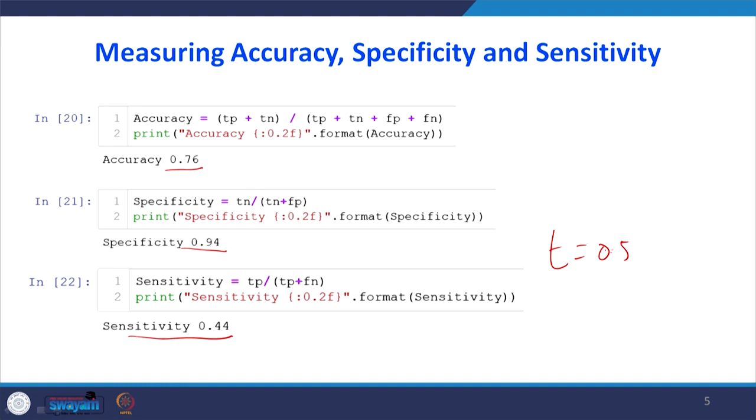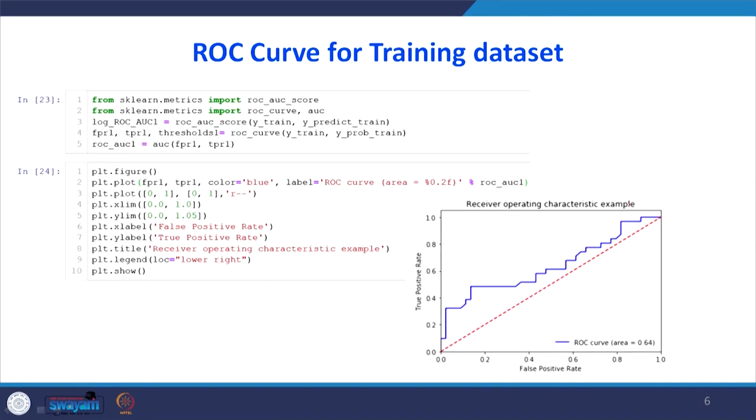But the question will come: if it goes above 0.5 or below 0.5, what will happen, and what should be the correct value? Now we will draw the ROC curve for the training data set.